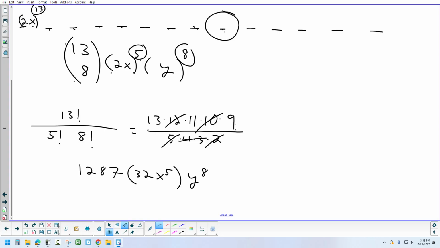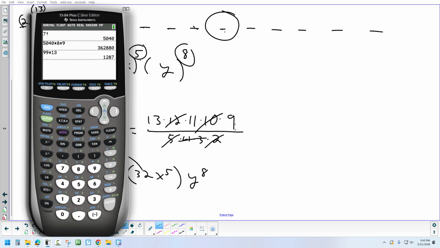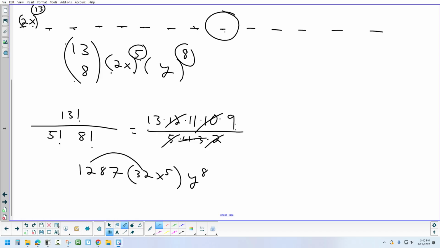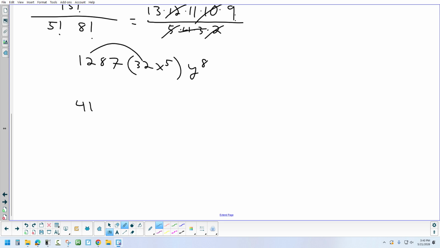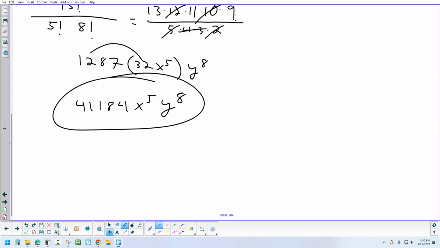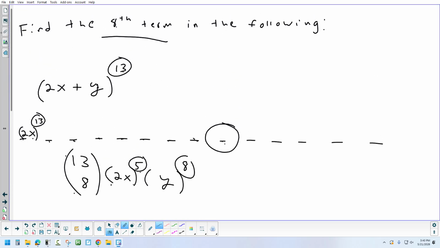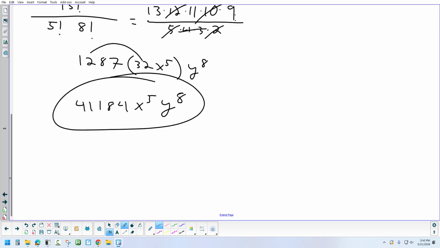Just the 32. Right. So it's really just a multiply. Just 1,287 times 32. And again, not that huge, but big enough we can use the calculator. 41,184. That is the 8th term if you were to do all of that out. That's what you would get for the 8th term.